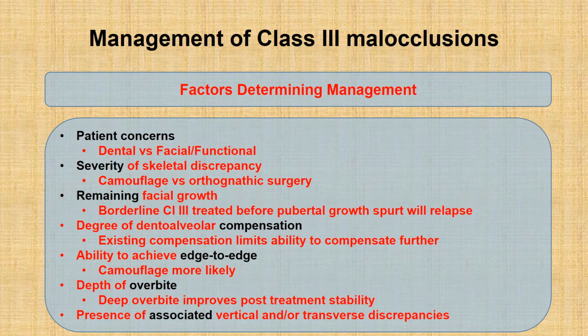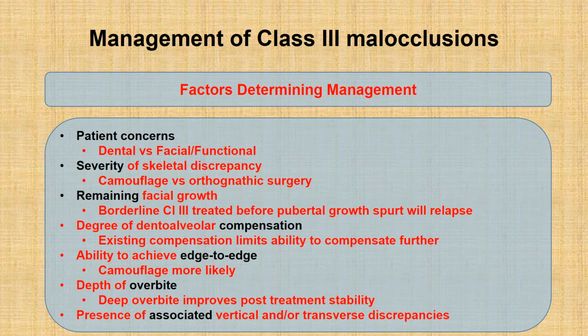Now, severity of the skeletal discrepancy. This determines whether treatment can be done by just camouflaging, as in corrective orthodontic treatment, or the patient will need orthodontic surgery. Remaining facial growth is also a factor for consideration, because any borderline class 3 that is treated before the pubertal growth spurt will most likely relapse due to growth.